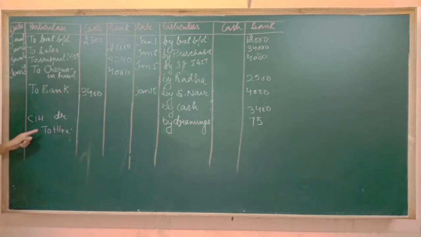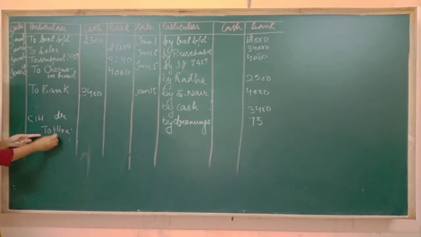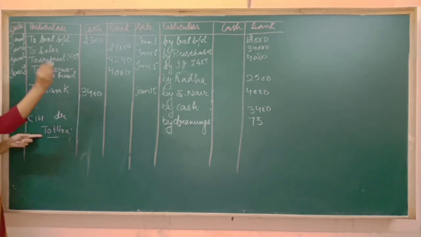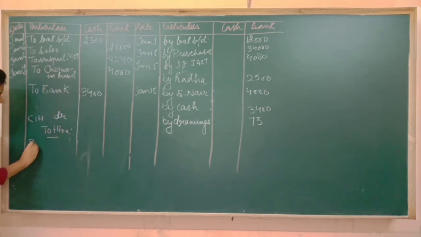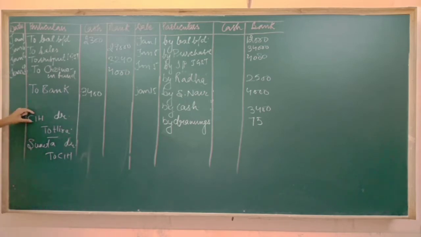Because it is clearly mentioned that this check I have endorsed to Sunita on 27th of January, it means that I have not deposited the check into the bank. So checks in hand to Hira. The day this check is deposited into the bank, the entry will be bank becomes the receiver and checks in hand goes out. But when you endorse this check, it will become Sunita to checks in hand.